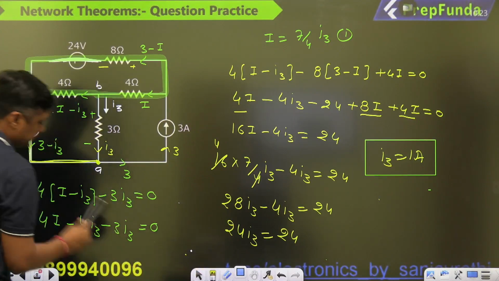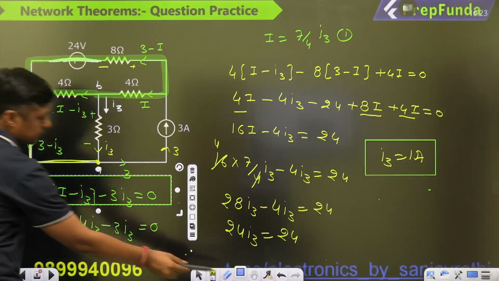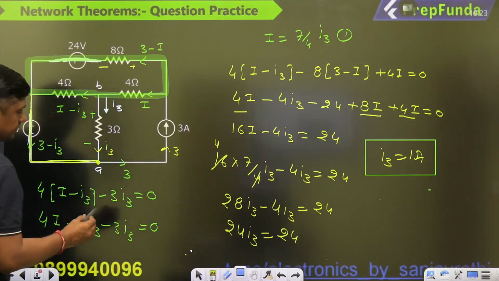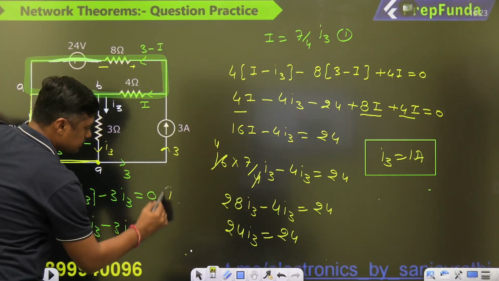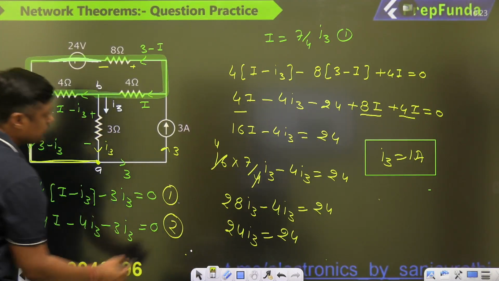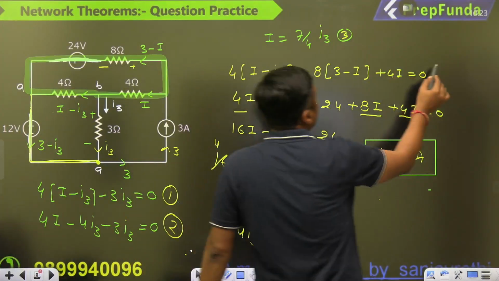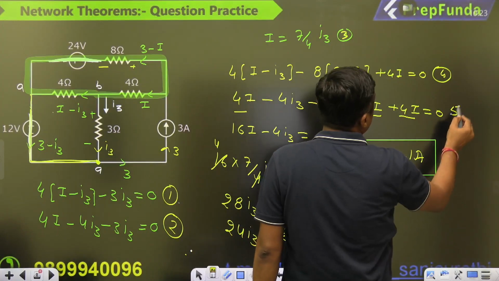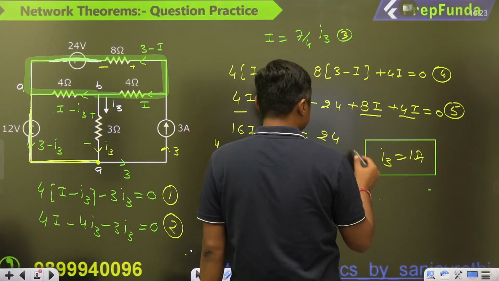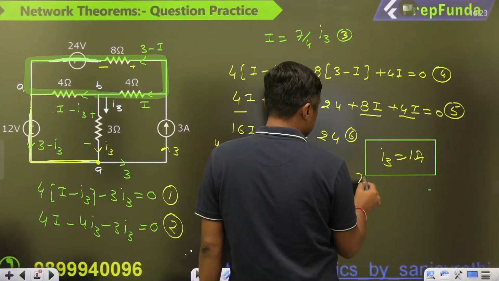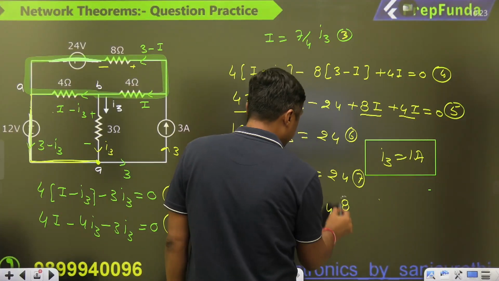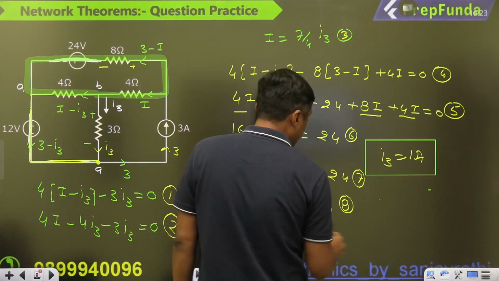Now it is clear. This one is equation number 1, equation number 2, equation number 3, 4, 5, then 6, 7, 8, 9, and this is 10.